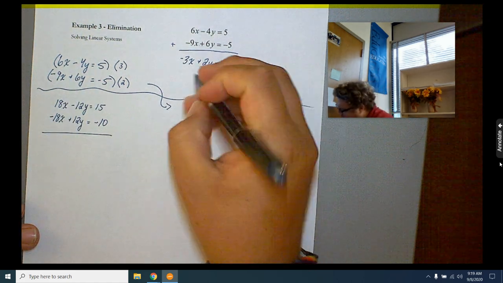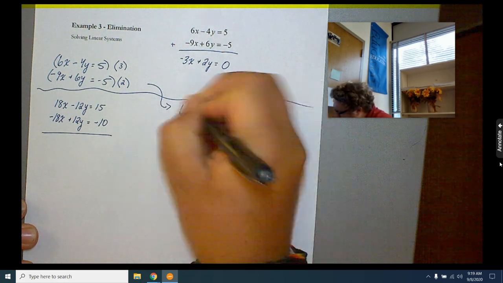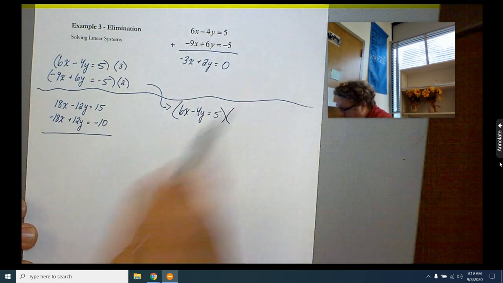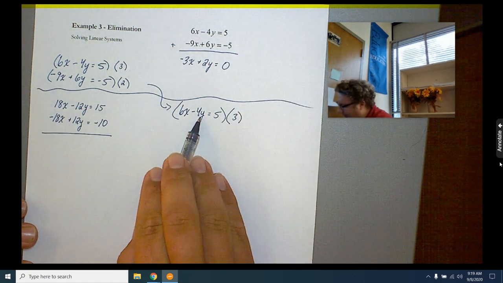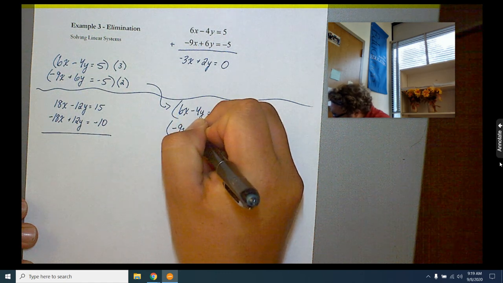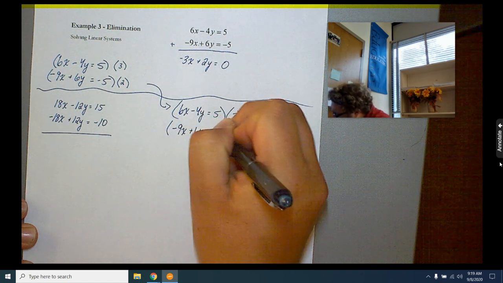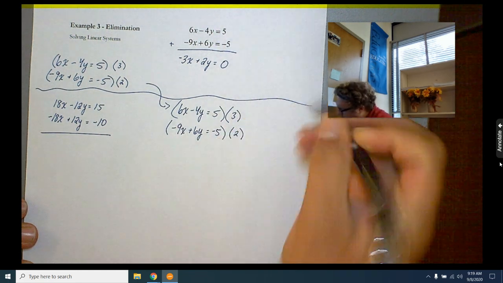So let's try again, but this time I'm going to write the system, and the top one is going to have a multiplier of 3. That's going to make negative 12y. And then over here, negative 9x plus 6y equals negative 5. Let's multiply that by 2.